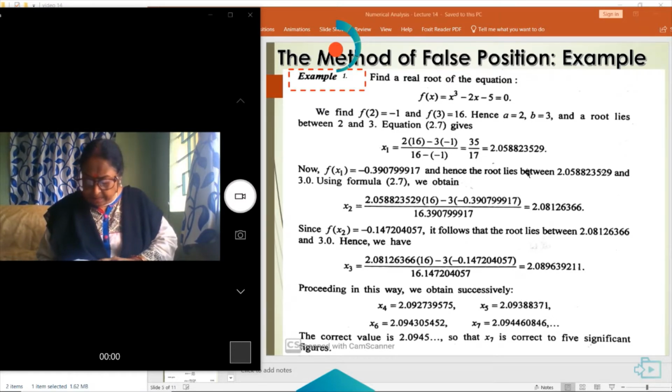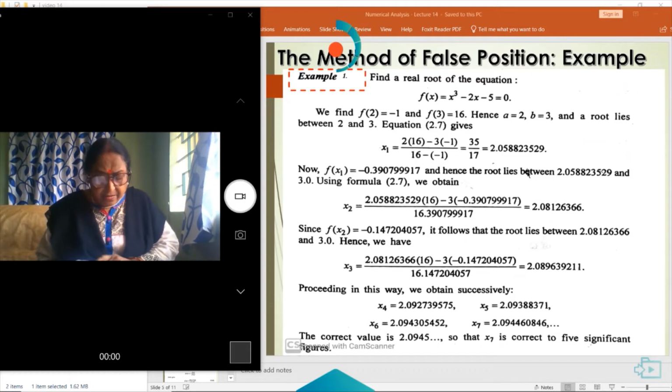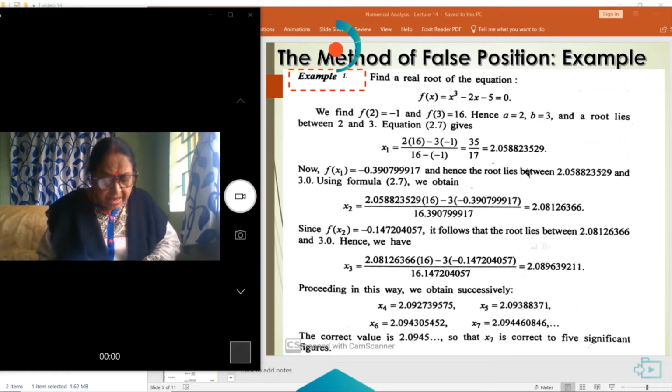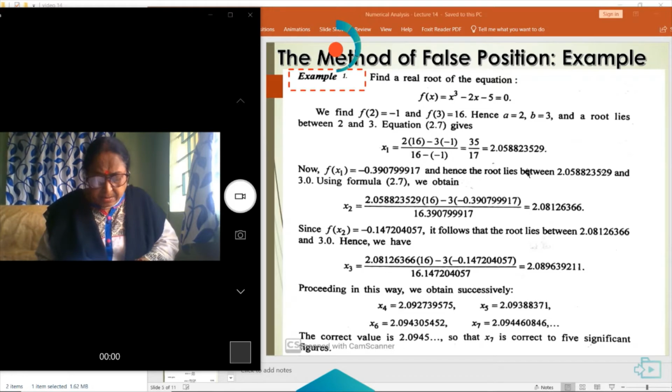Hence a is 2 and b is 3, and a root lies between 2 and 3.